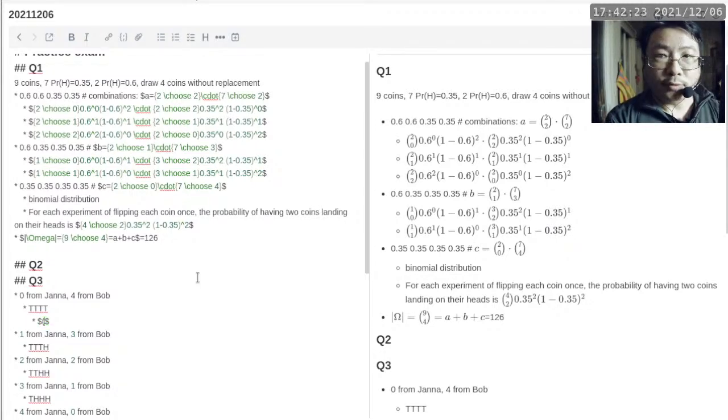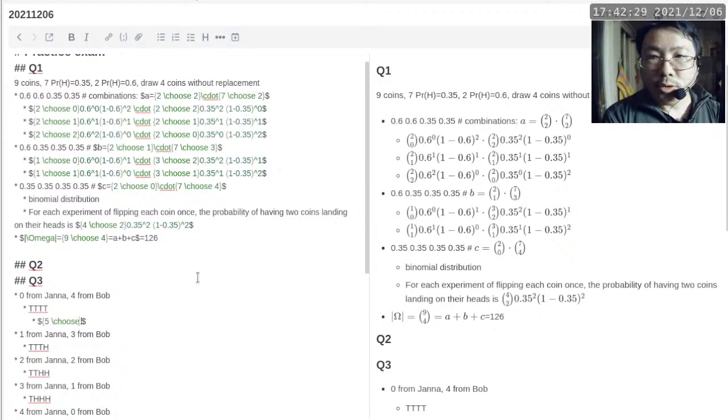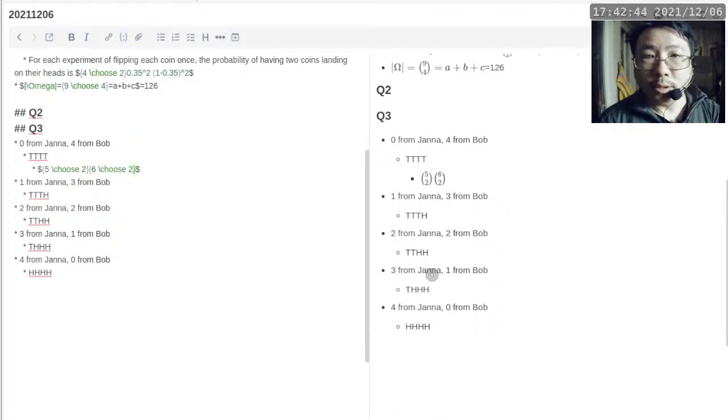So we have to say we have 5 choose 2 times 6 choose 2. So that would be the number of ways that we can choose. Oh wait, this is not showing on the other side. There we go.